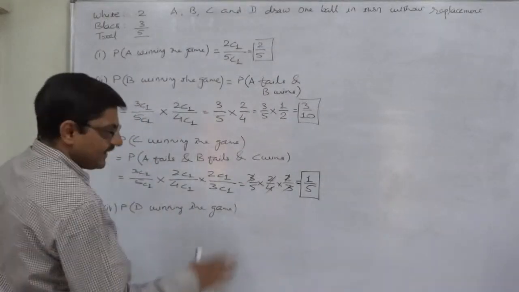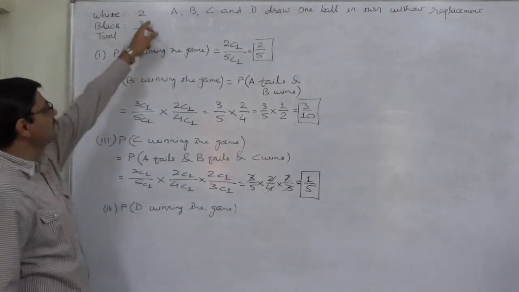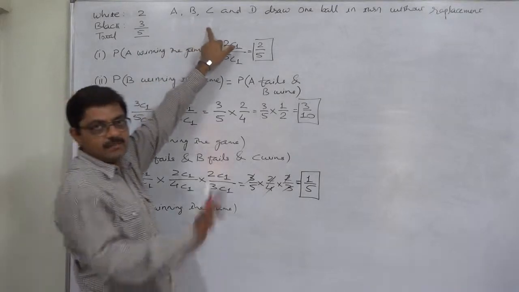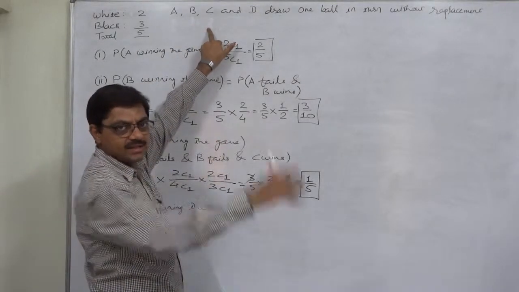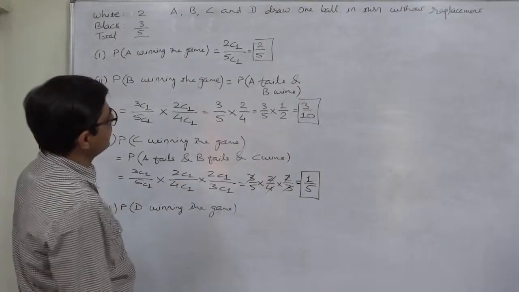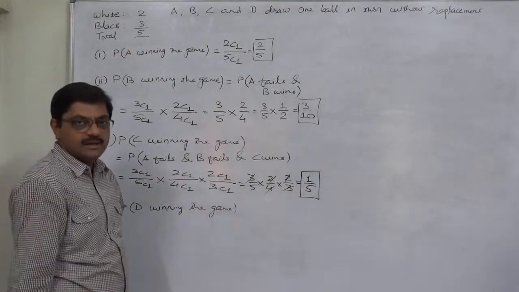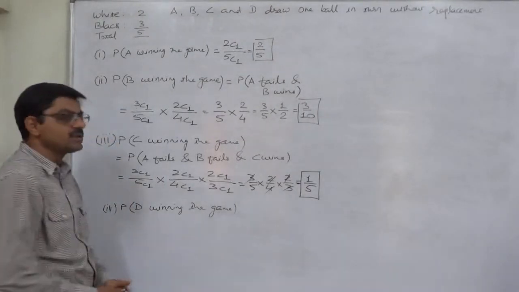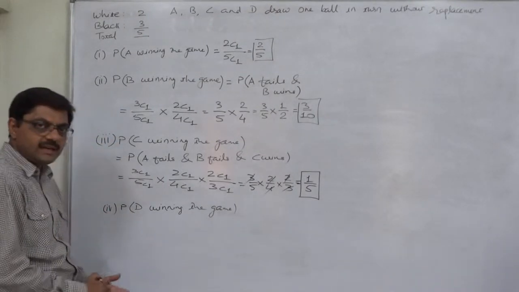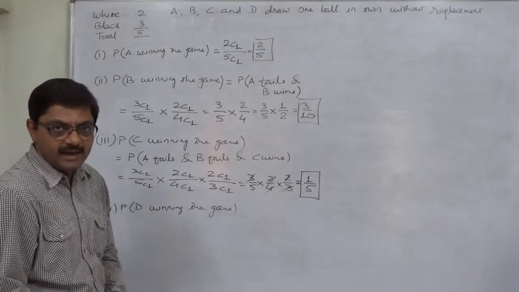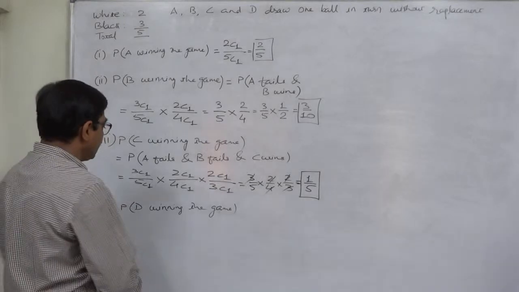At the time of D's turn, there are only 2 white balls, because all 3 black balls have been drawn by A, B and C respectively, 1 each. So definitely, if it is D's turn, D is going to win, but it is not the case of certainty. Only if A, B and C fail, then only there can be D's turn.